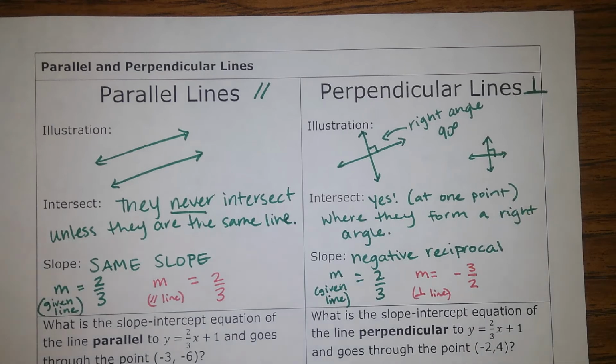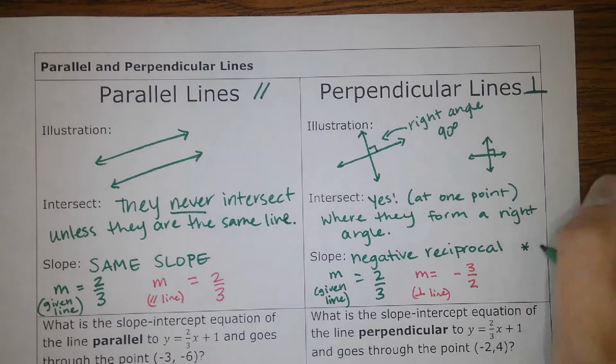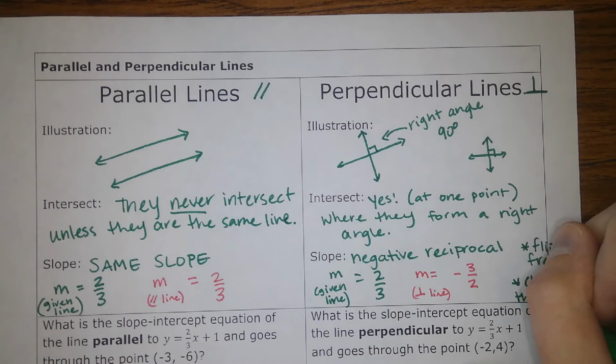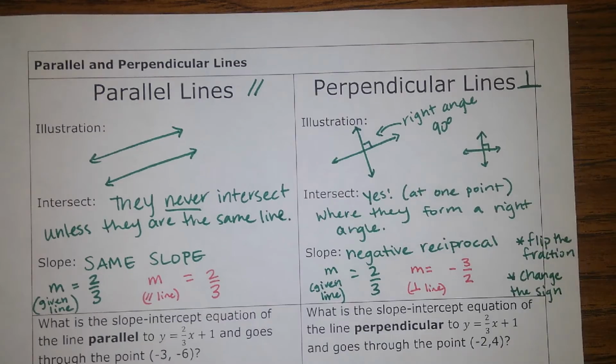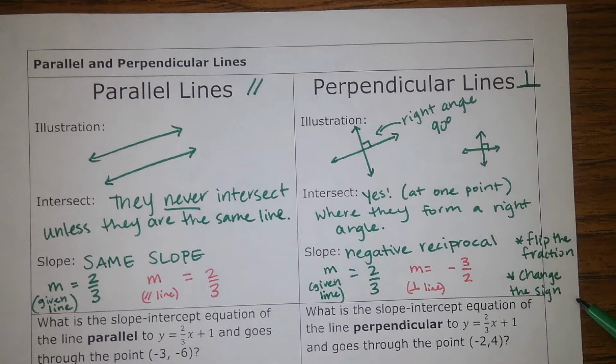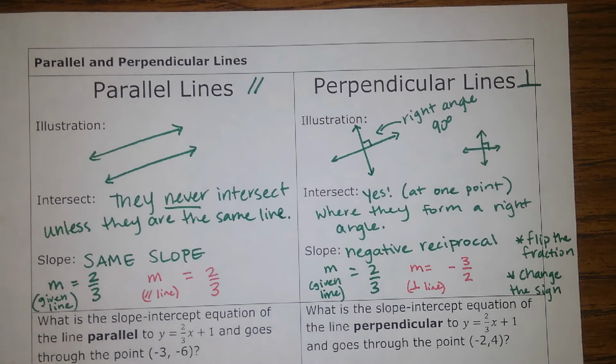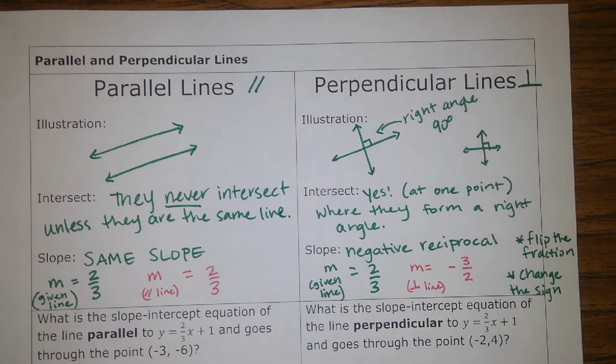So basically, guys, a negative reciprocal means that you flip the fraction and then you change the sign. So if this slope was 2/3 of the given line, our perpendicular line would be negative 3/2. All right, we just flipped that fraction and then changed the sign.